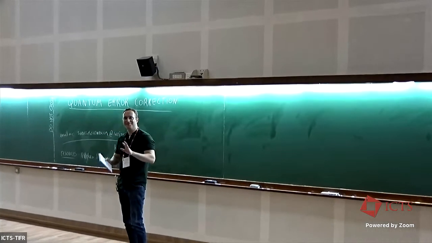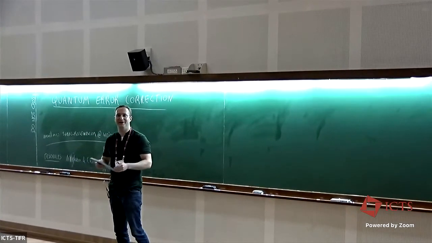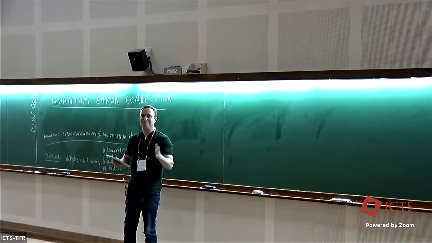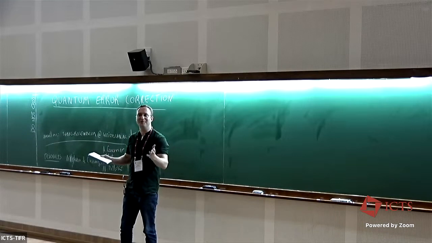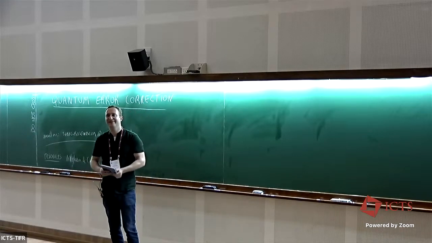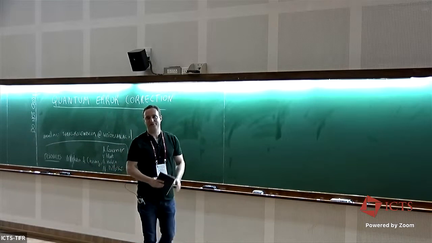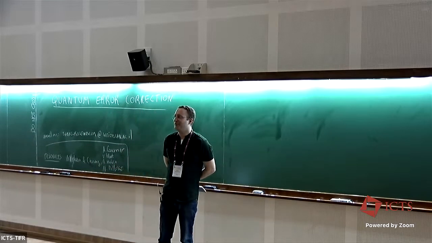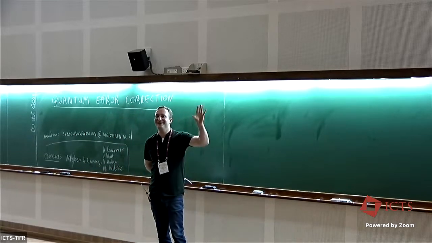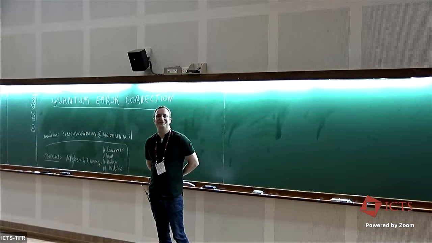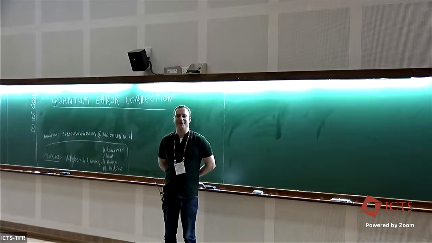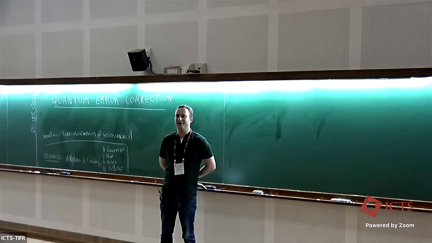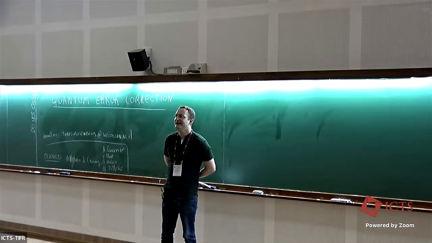I'd like to start with a light-hearted poll. I assume many of you know, at least from popular literature about quantum computing, that one of the big aims is to factor large numbers into primes.